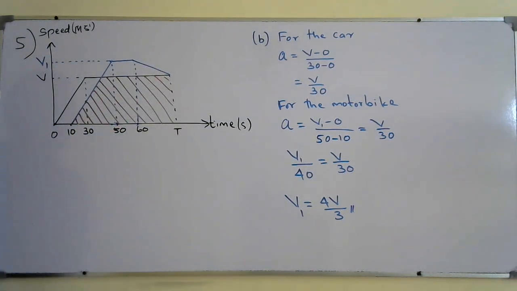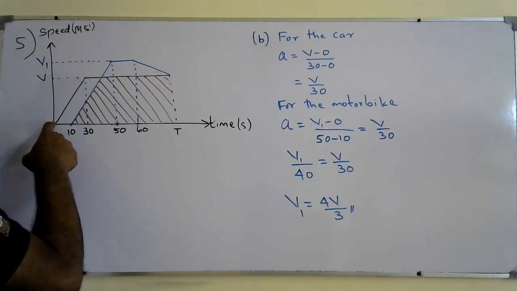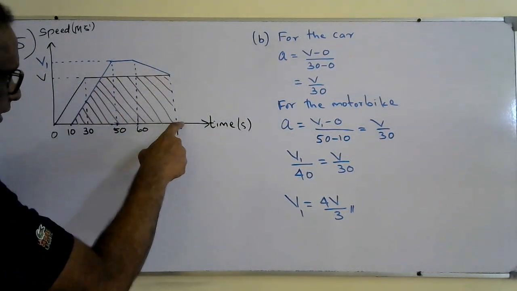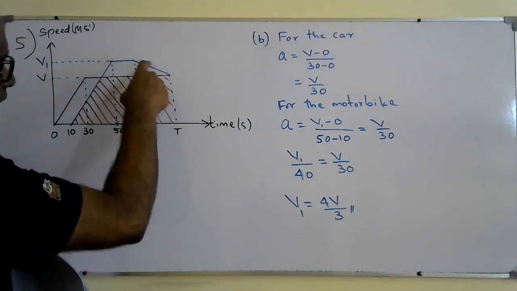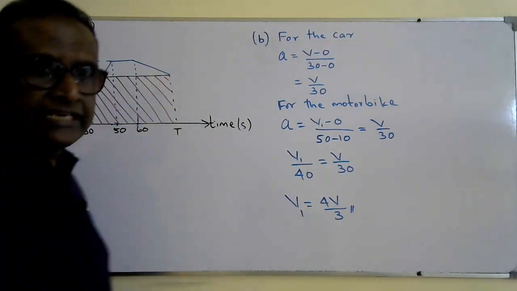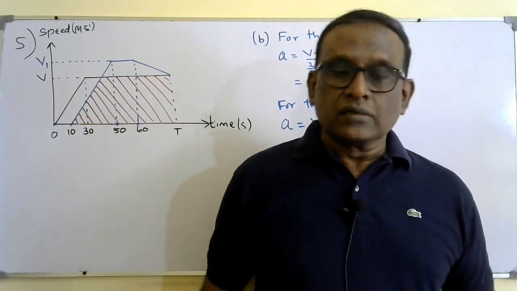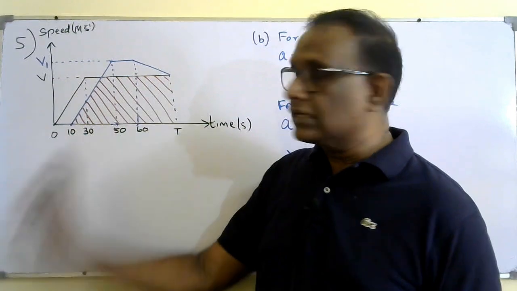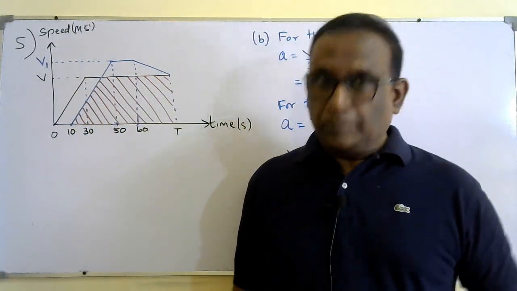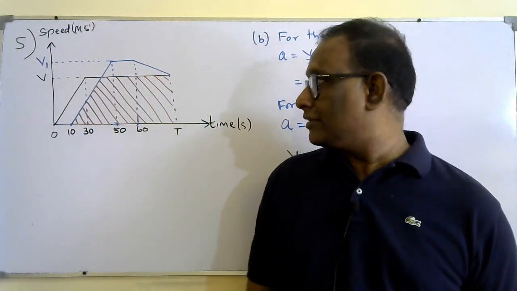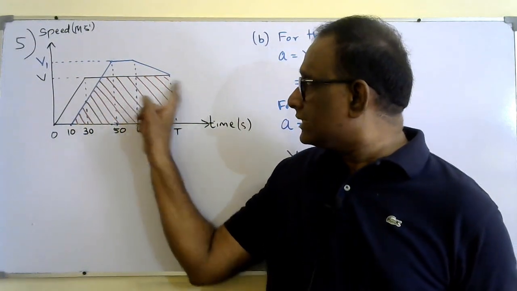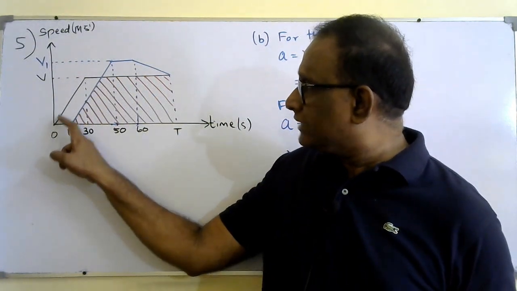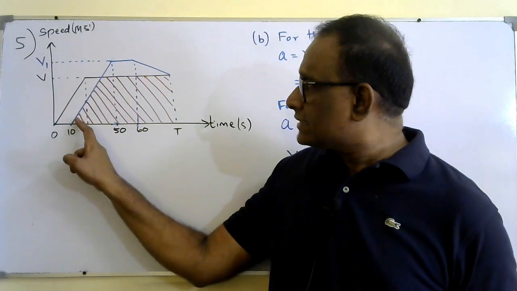So it's a common area for both. The area under the black color graph and the area under the blue color graph, the red color shaded area is common for both. Both areas must be the same because they have traveled the same distance. If I don't consider this shaded area, this portion is a parallelogram.